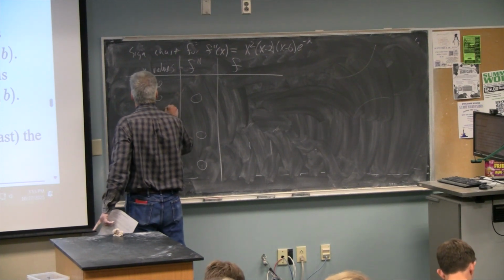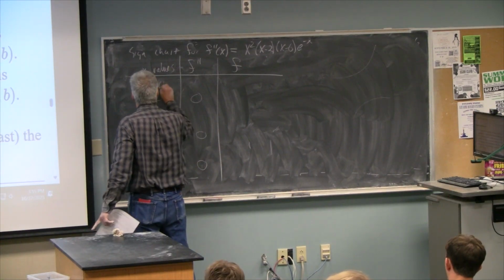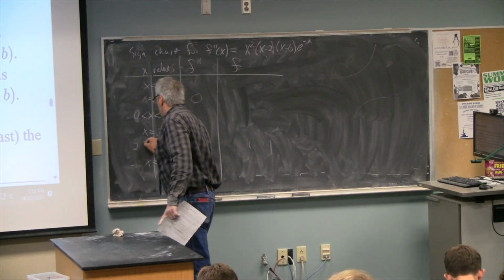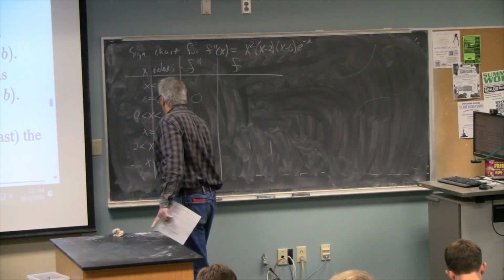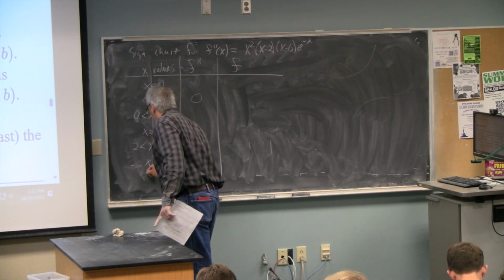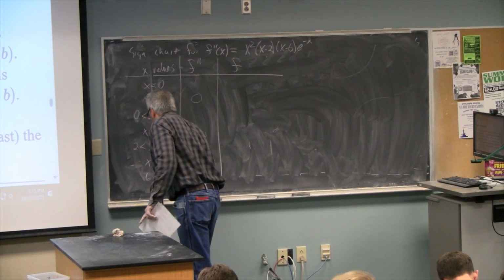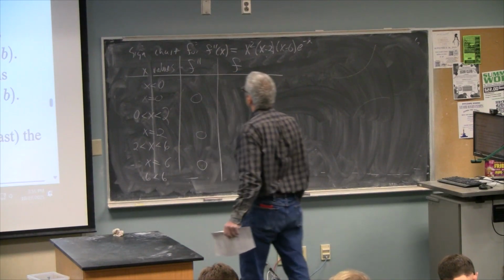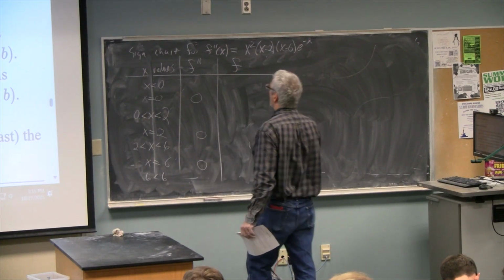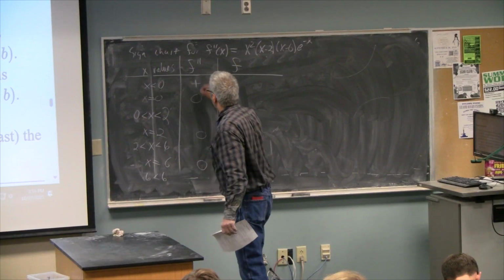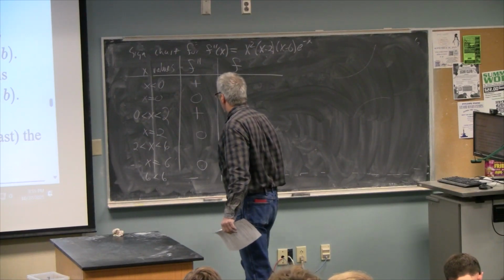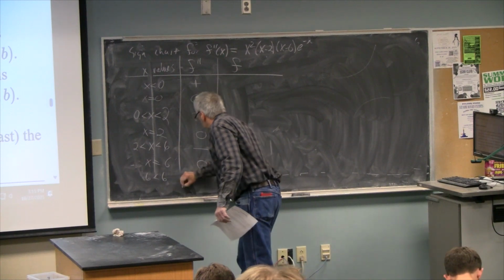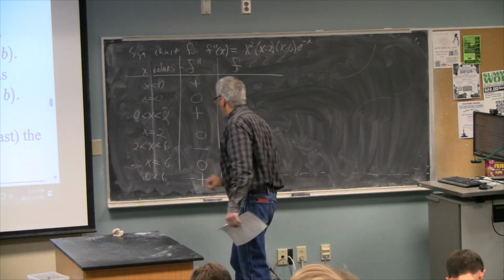So we need to investigate these intervals: x less than 0, x between 0 and 2, x between 2 and 6, and then x greater than 6. It turns out that when I do this, I get this behavior: plus, 0, minus, 0, plus.